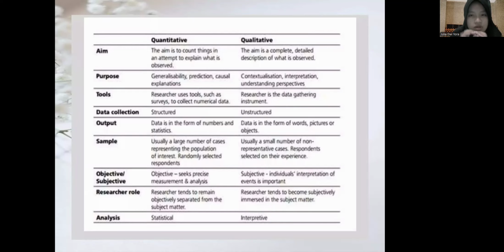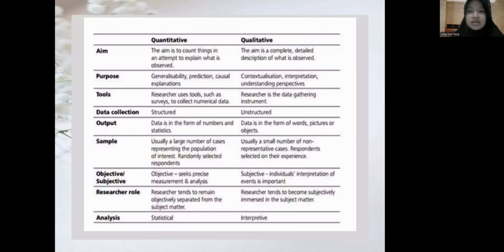This is more small. How about tools? In the quantitative, researchers use tools such as surveys to collect numerical data. But in the qualitative, this is gathering from instruments maybe, and then from interviews. About the data collection, in the quantitative it's structured, but in the qualitative maybe unstructured, because we just collect data from the interview, from talking to others.